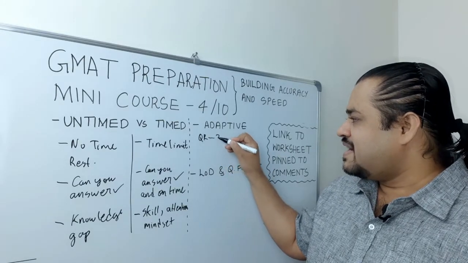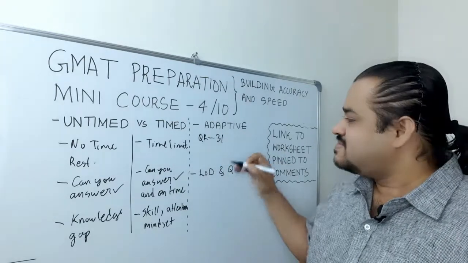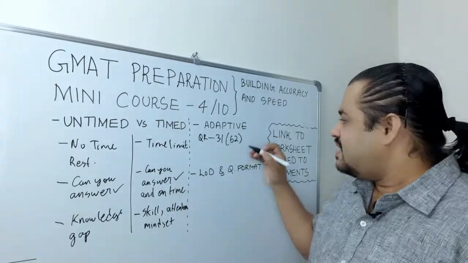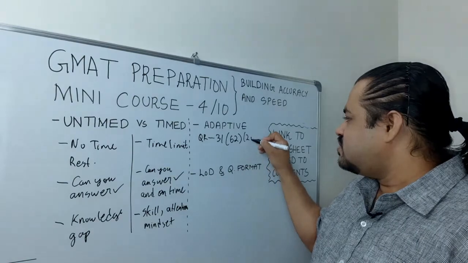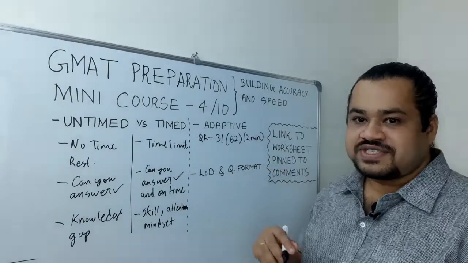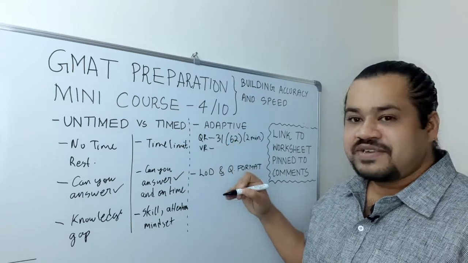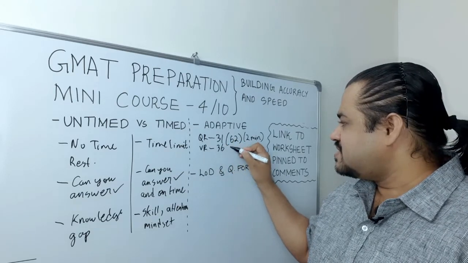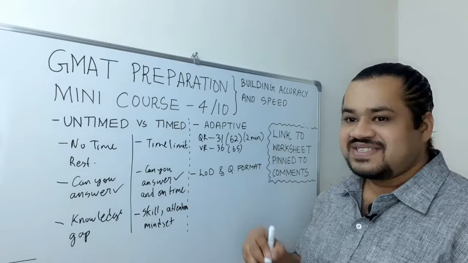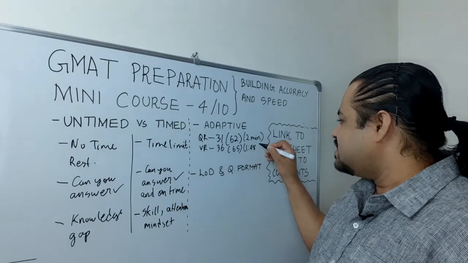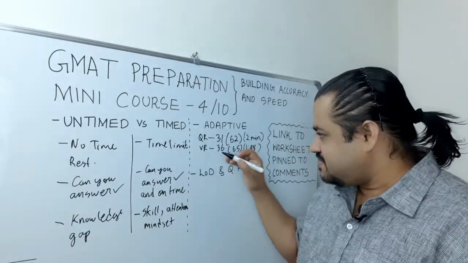Quantitative reasoning has 31 questions and you get 62 minutes to answer them. So that gives you around 2 minutes per question on average. The verbal reasoning section has 36 questions and 65 minutes. This gives you around 1 minute 48 seconds to answer each question.